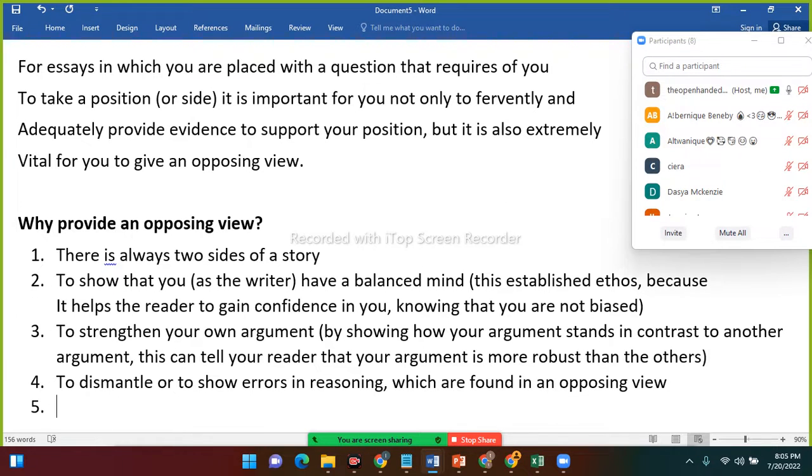I like that. So she wants to step on people's toes, showing them how wrong they are. Okay, interesting. Why else might we want to provide an opposing view?